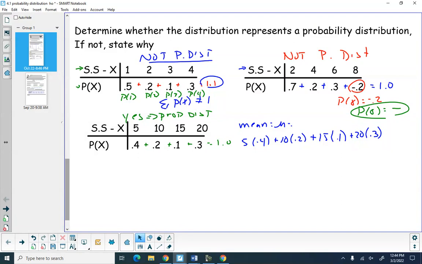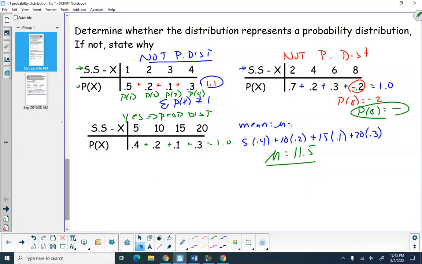So we take our outcome and multiply by its probability. So we should come up to 11.5 as our mean value.